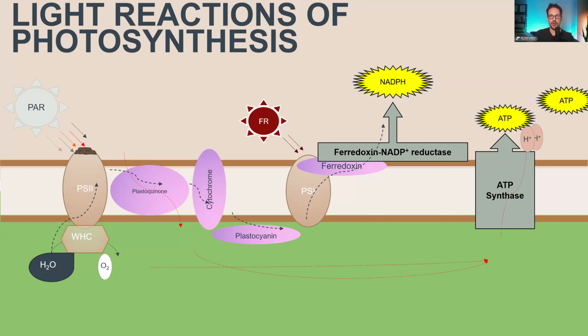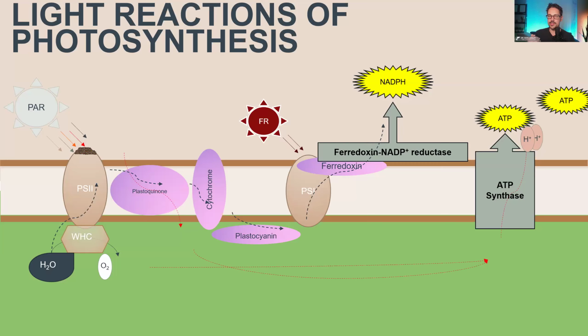And adding more PAR light in a situation like that isn't going to help photosynthesis go faster. But if you were to add far red and release that bottleneck so that everything can move more efficiently, that's when you get an enhancement of photosynthesis above and beyond what you would get with PAR light.